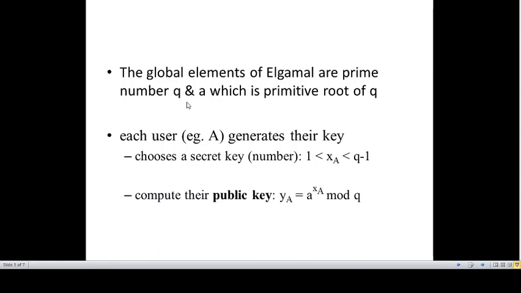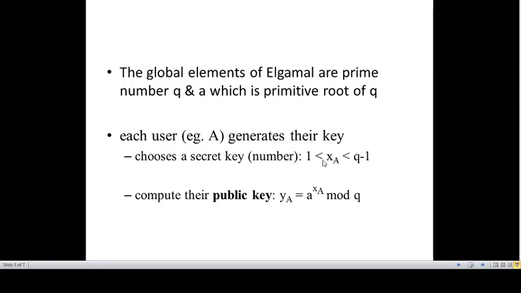Then the user can compute the public key. The formula is YA equals a raised to XA mod q, where a is the primitive root selected in the very first step and XA is the private integer. In this way you calculate the public key.